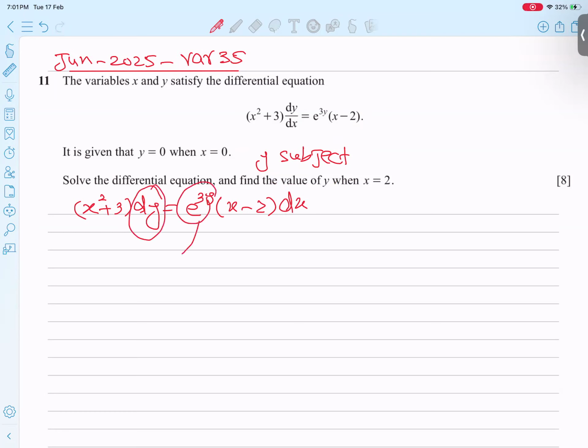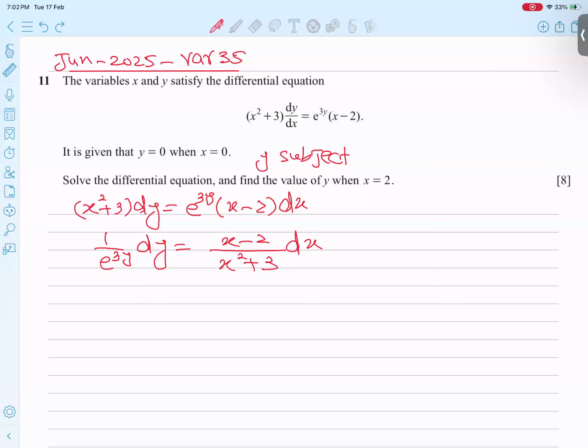This I need on the left side, and these two x values all go on the right side. So this will go down. I get 1 over e to the power 3y dy equals (x minus 2) over (x squared plus 3) dx. So step number 1, separation of variables, is done.